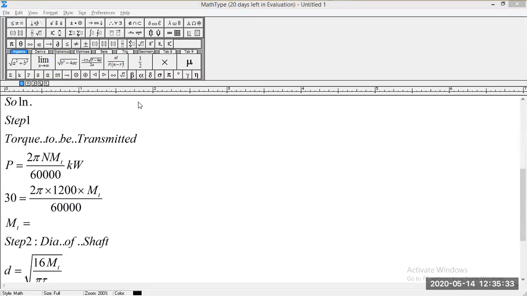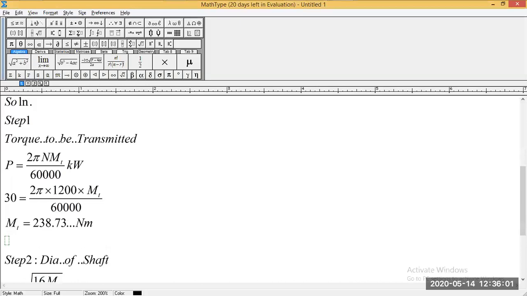Okay, so this value we're getting as 238.73, and this value is in Newton meters.